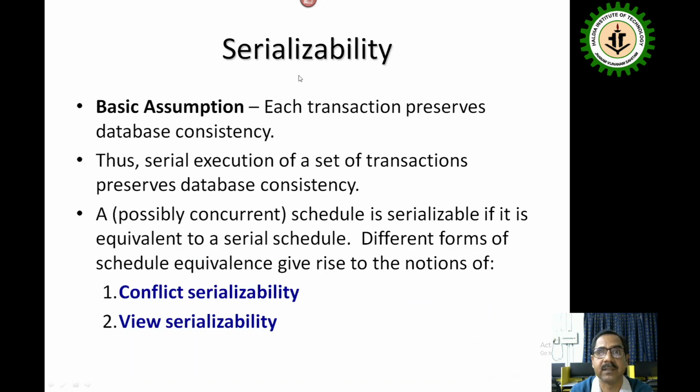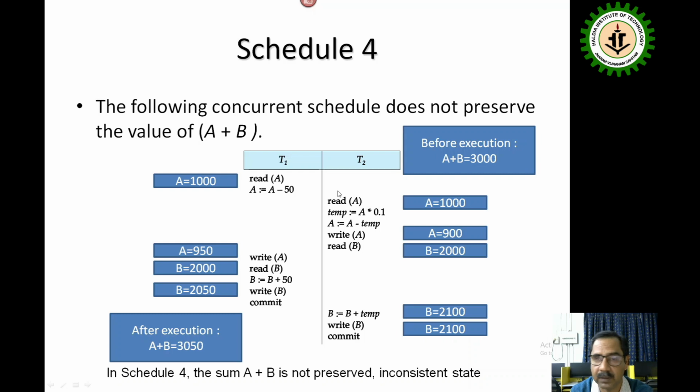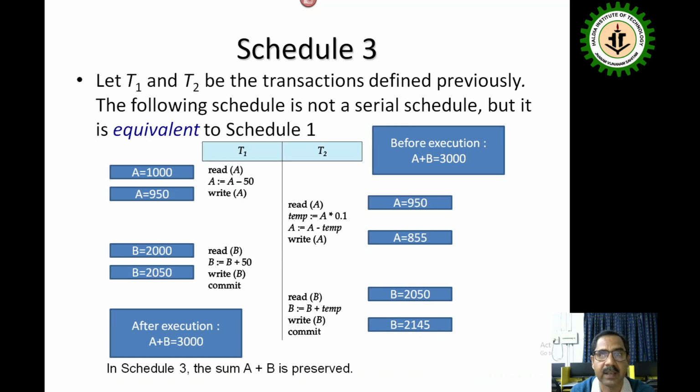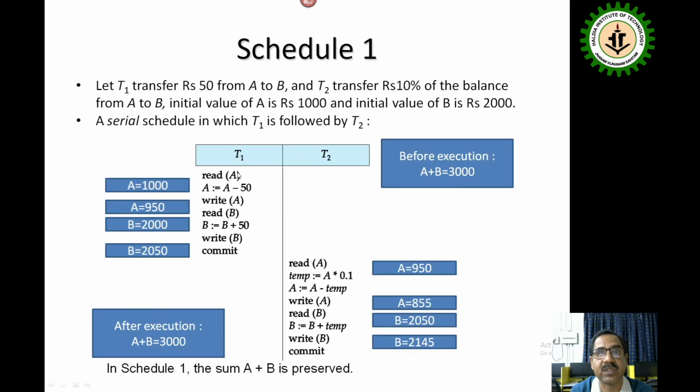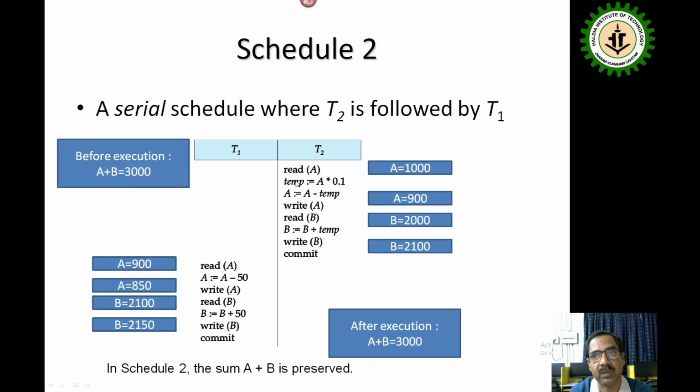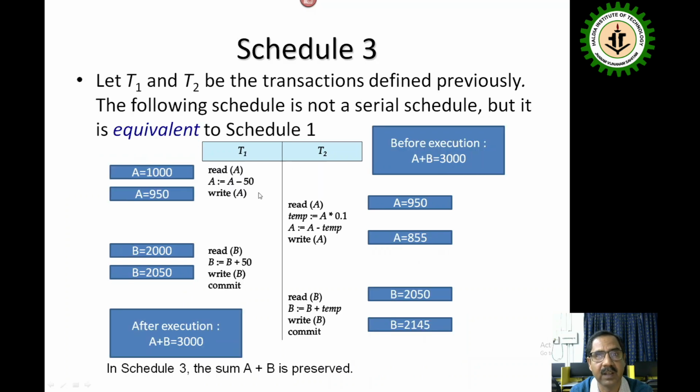Now we are at the point of defining serializability. Here, serial schedule 1 is T1 followed by T2, and serial schedule 2 is T2 followed by T1, and we checked that in both cases the consistency is preserved.